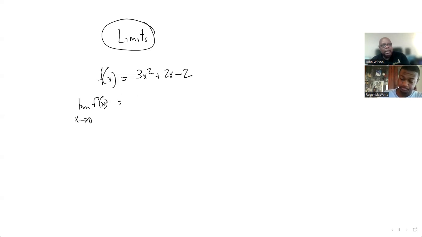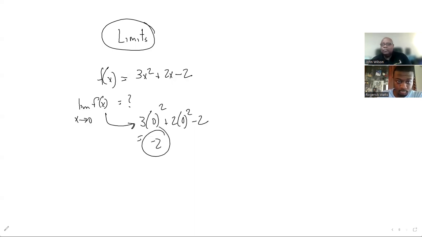What is that? Well, it's going to be equal to 3 times 0 squared plus 2 times 0 minus 2, or simply the answer is minus 2. So the limit of f of x as x goes to 0 of that function is minus 2.